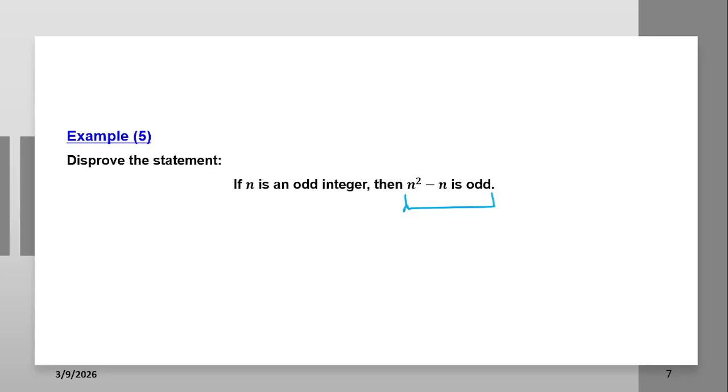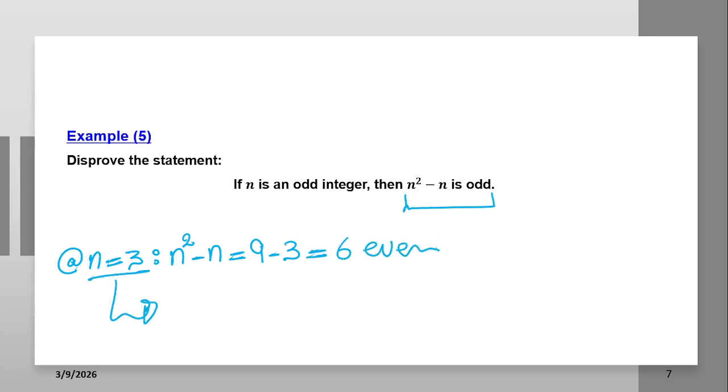So we are looking for a value of odd integer n that makes n squared minus n even. At n equals 3, we get that n squared minus n will be 9 minus 3. 9 minus 3 is 6, which is even. So n equals 3 is considered a counterexample.